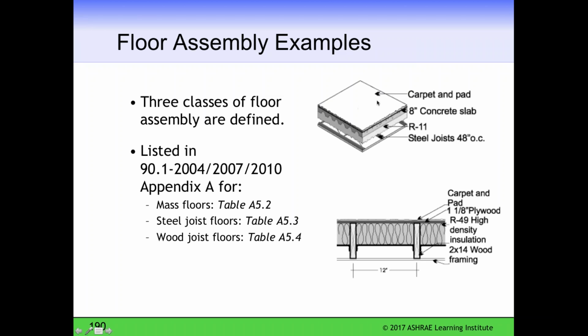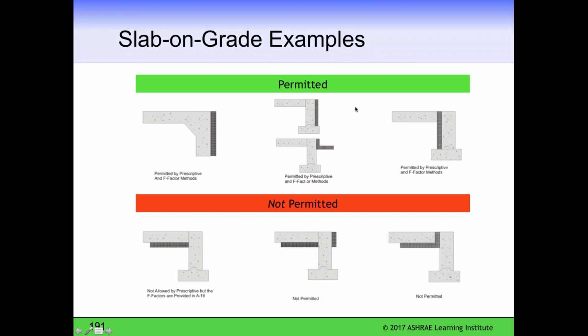Here's carpet on concrete slab, and then either steel or wood frame floors. There are slab on grade examples of what is permitted. The standard permits vertical insulation on the slab, but does not like horizontal insulation in the non-permitted examples below.